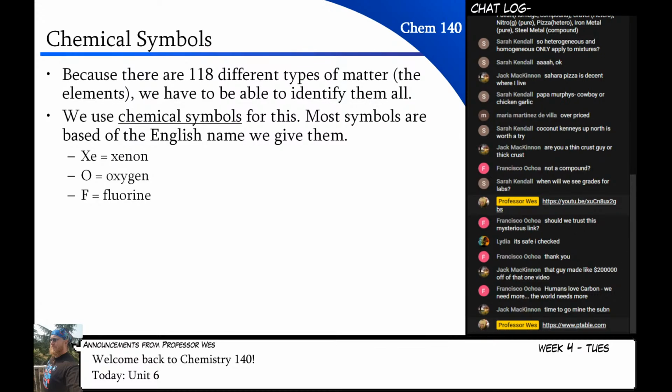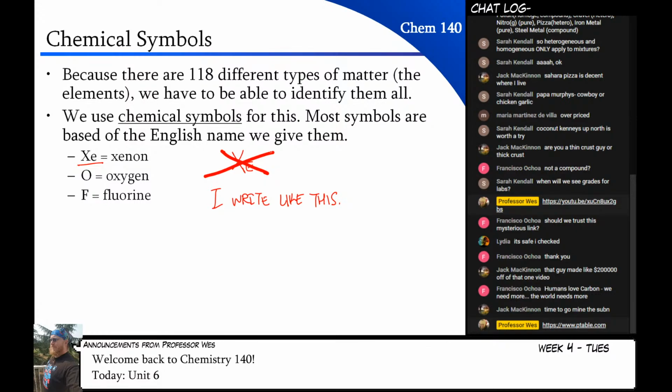But for each of these elements, you're going to see that there is an associated symbol, and that symbol is a 1 or 2 letter code. It's important that these symbols are interpreted as shown on the periodic table. What that means is that if you were to write something like this for xenon, in what I call lower caps, wrong, wrong, so wrong.